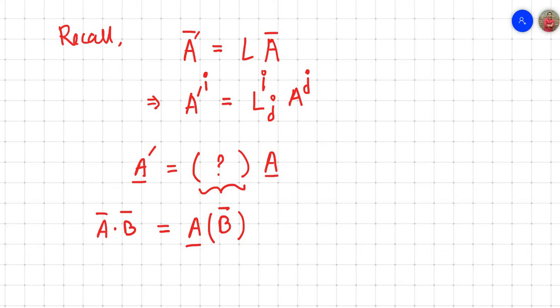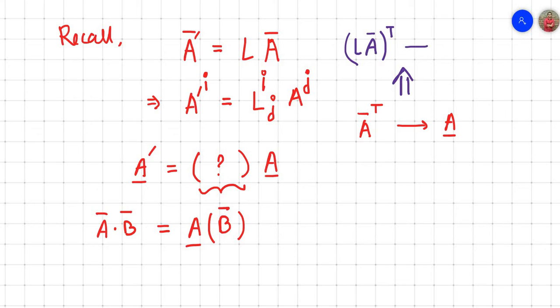Right? Remember that the matrix representation of a vector needed to be transposed in order to get the matrix representation of the dual vector. So after a coordinate transformation we get LA, and we take a transpose of the whole object.